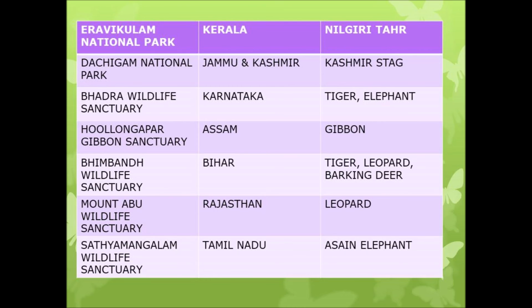Now shall we see the wildlife sanctuaries? Good. Bhadra Wildlife Sanctuary, which is located in Karnataka, and there tiger and elephants are protected. Is it clear, children? Hollongapar Gibbon Sanctuary, which is located in Assam, and gibbons are protected in this sanctuary.